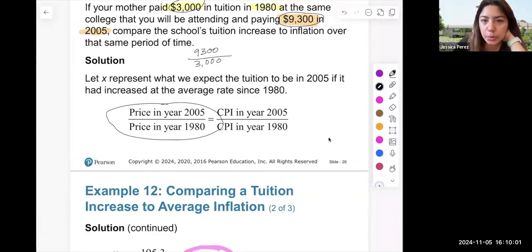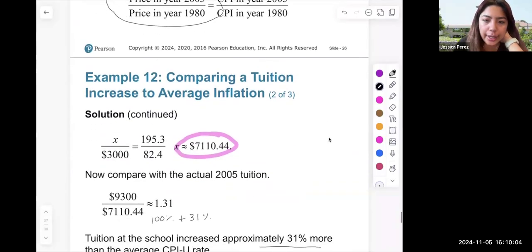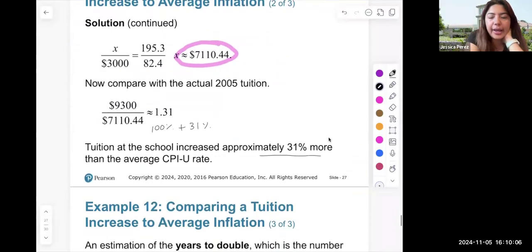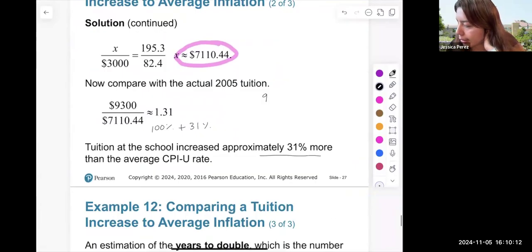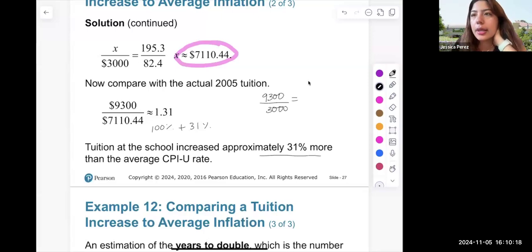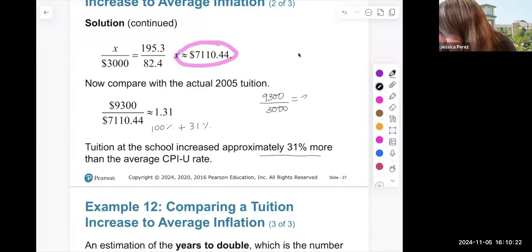So without having to do a lot, you can just use the fact that when you take 9,300 over 3,000, it's going to give you 3.1.